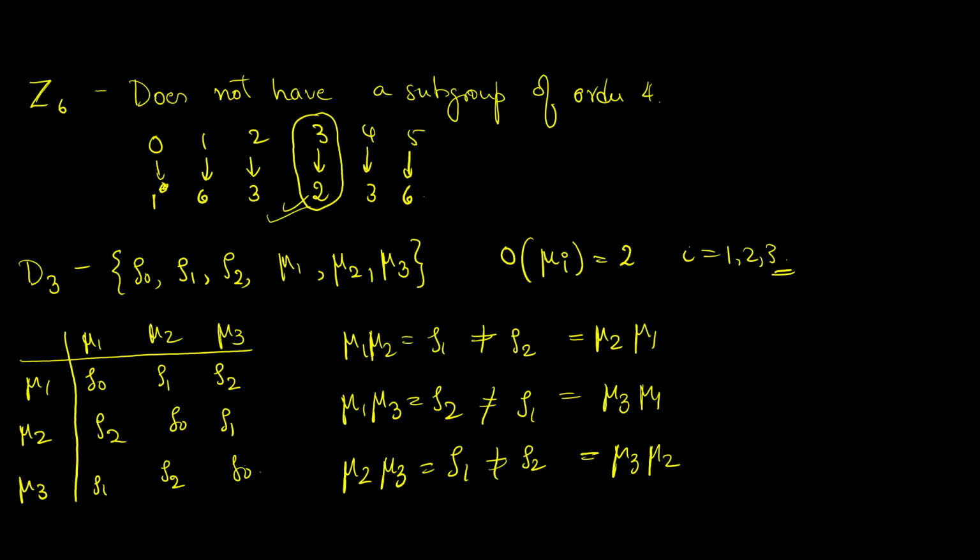So this is a powerful statement. If we have two conditions satisfied, that is, there are at least two elements of order 2, and both of them must be commuting, in that case we can be sure that the group G has a subgroup of order 4. Otherwise it need not have a subgroup of order 4. All right.